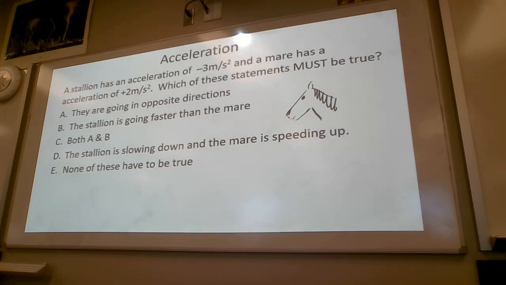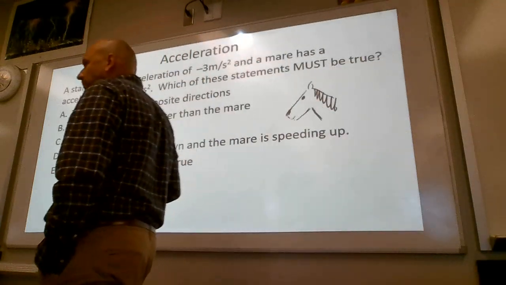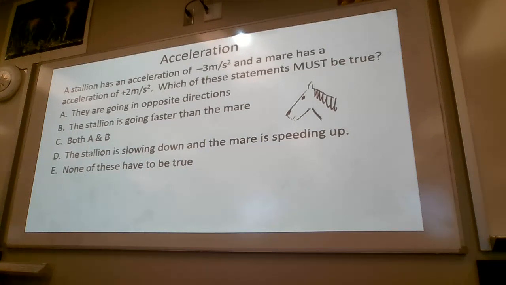That's E. You don't have enough information, because they could both be going in the same direction. It could be going opposite directions. There's not a specification. If they said that they were going in the same direction, what? What did you say initially?